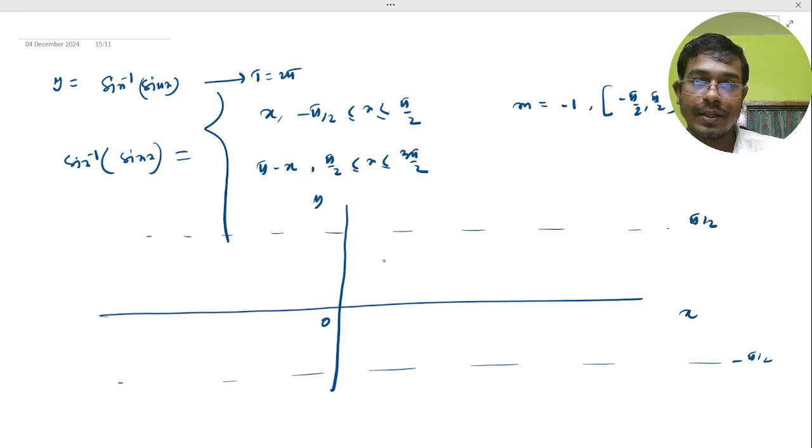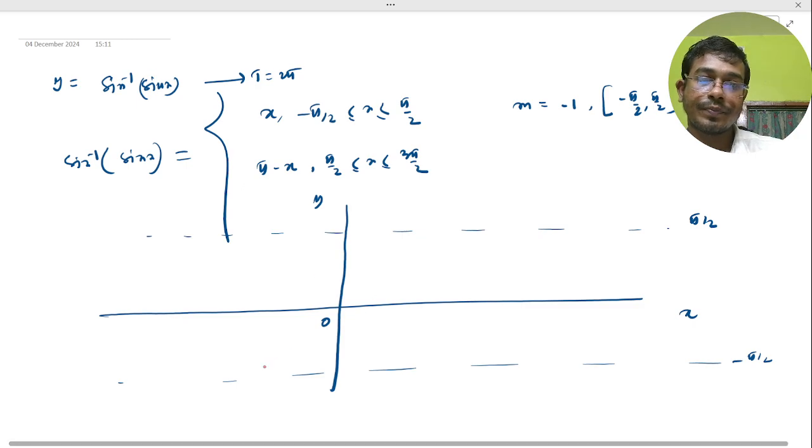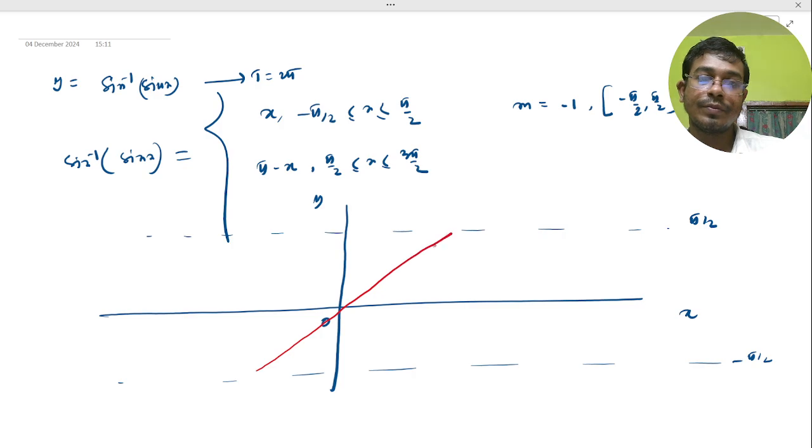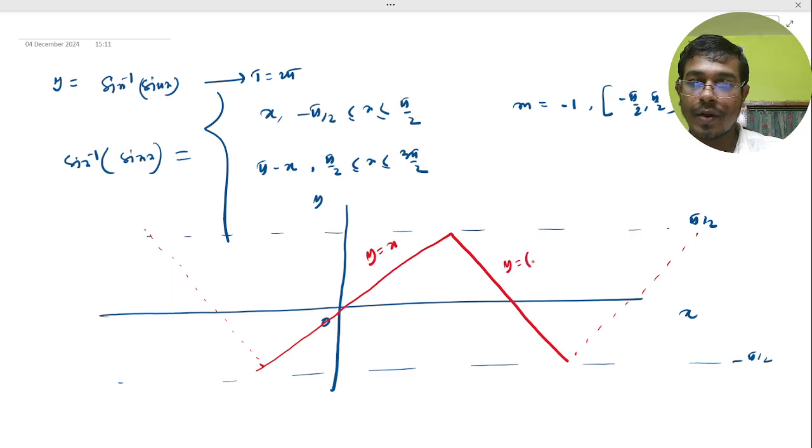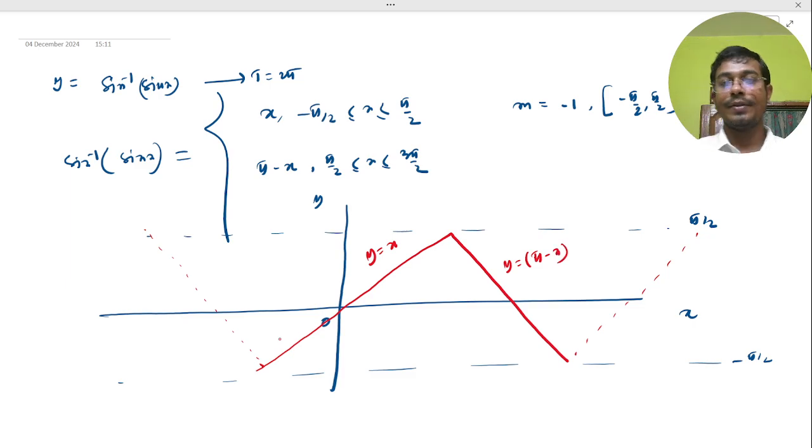So plotting this, pi minus x is a straight line. This one is y equal to x, and this one is the graph of y equal to sin inverse sin x, and that one is y equal to pi minus x. This will be the graph of y equal to sin inverse sin x.